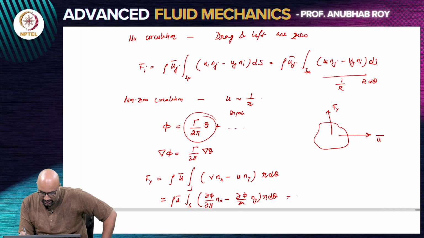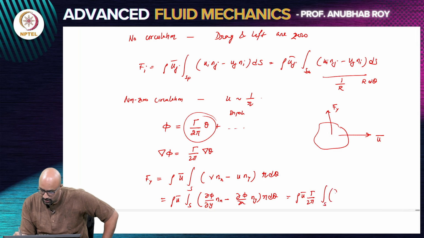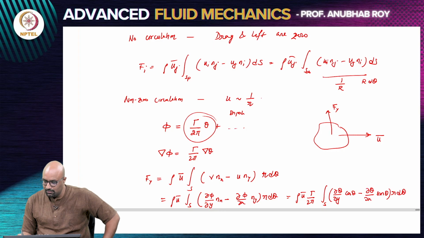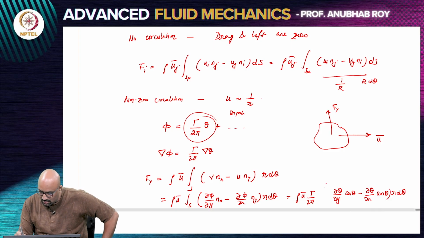theta, I get rho u bar gamma by 2 pi integral dou theta dou y, nx is cos theta minus dou theta dou x, ny is sin theta, r d theta. So, this is over 0 to 2 pi.